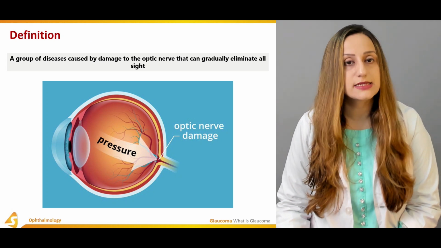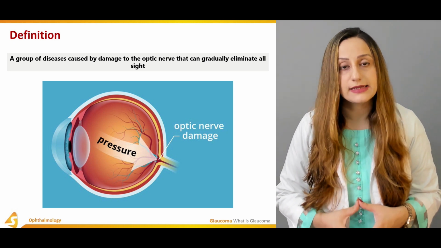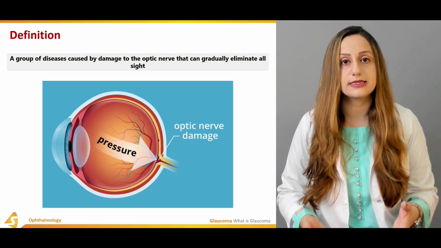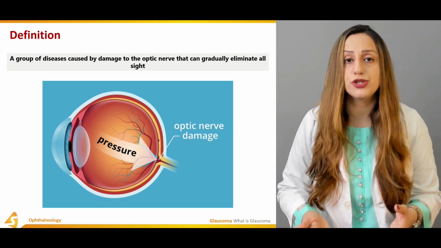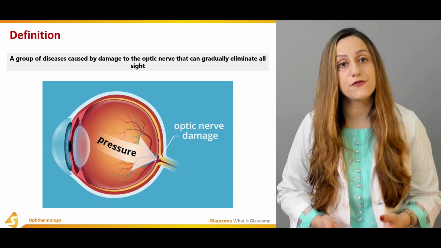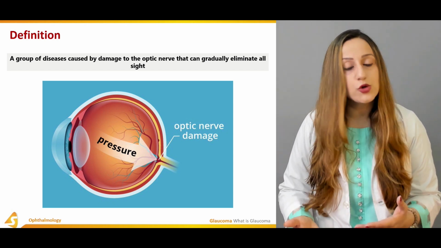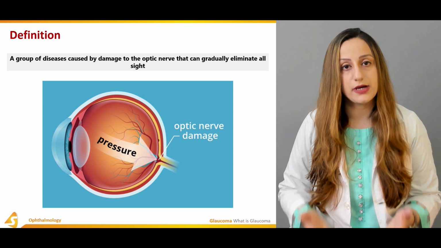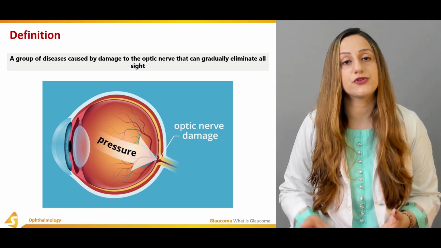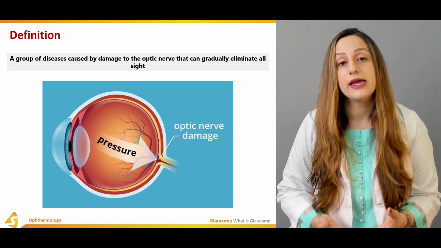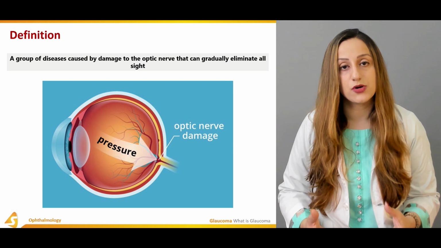How you define this condition is again very important, as I've already emphasized that it's basically a group of diseases. It can be congenital, it can be an acquired condition after a traumatizing factor, after an infectious state. It can follow basically any infection of the eye, and the intraocular pressure can rise in the vitreous chamber even after any infection, even after any insult towards the vitreous chamber of the eye.